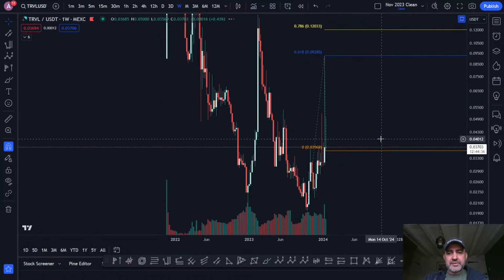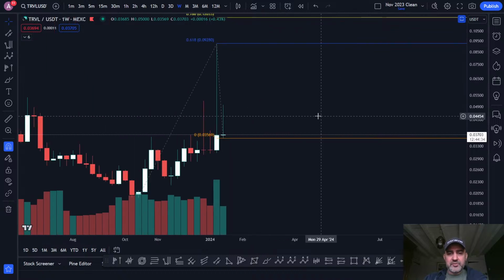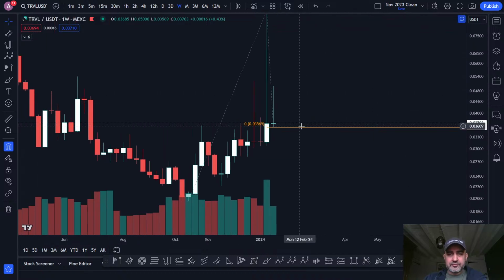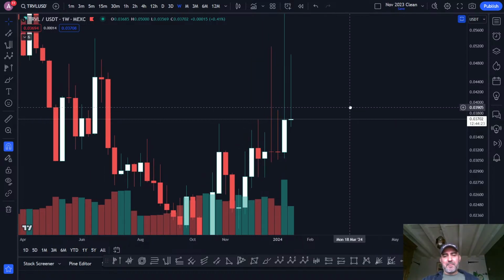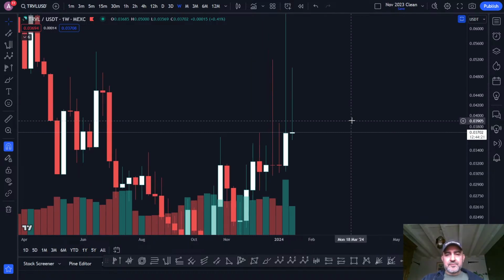When I'm looking at the candle formations, now this is really important. Delete this now. The weekly time frame is about to close, right? A green candle is bullish, a red candle is bearish.